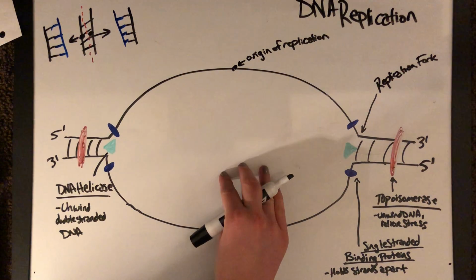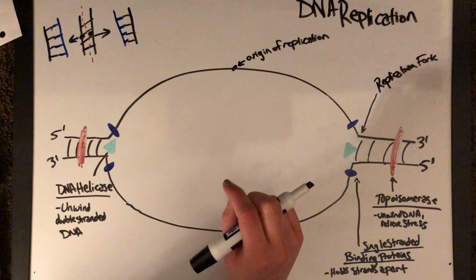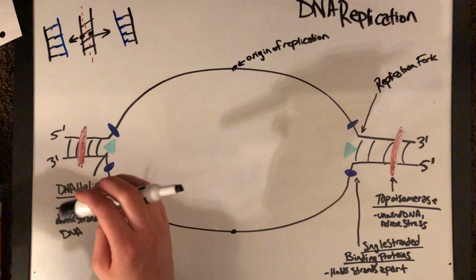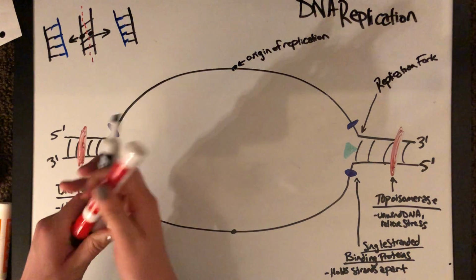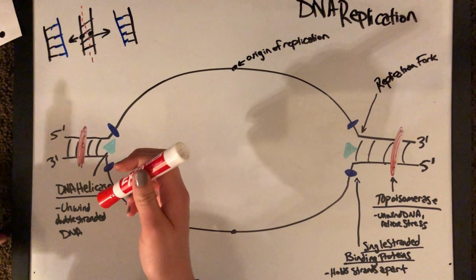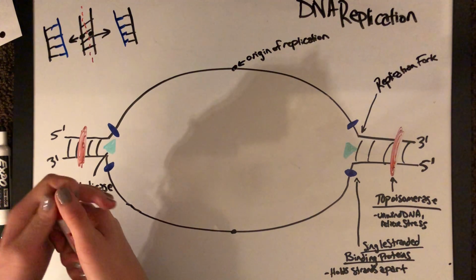Now, this is very important for you to know. We are always, always, always replicating in the 5' to 3' direction. So, that is, never forget that. That's probably going to be a test question at some point in your self-phys career.